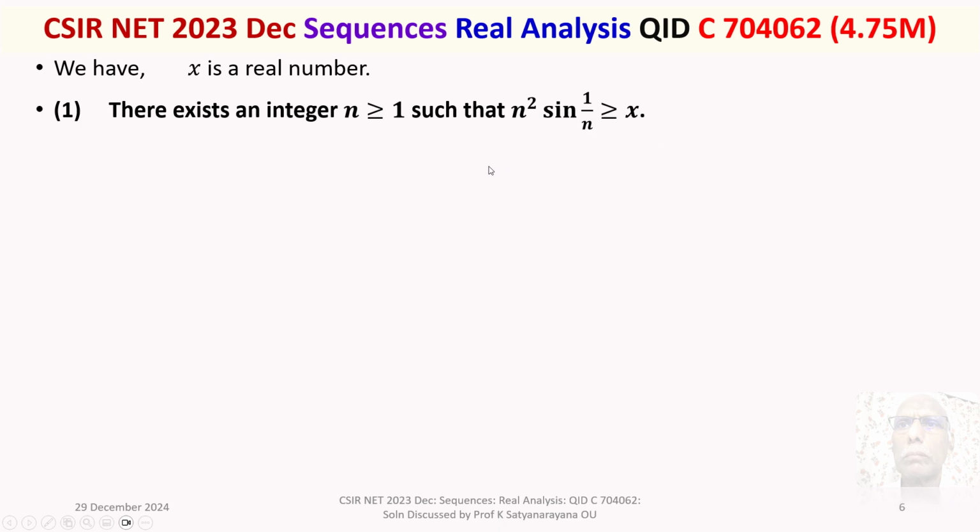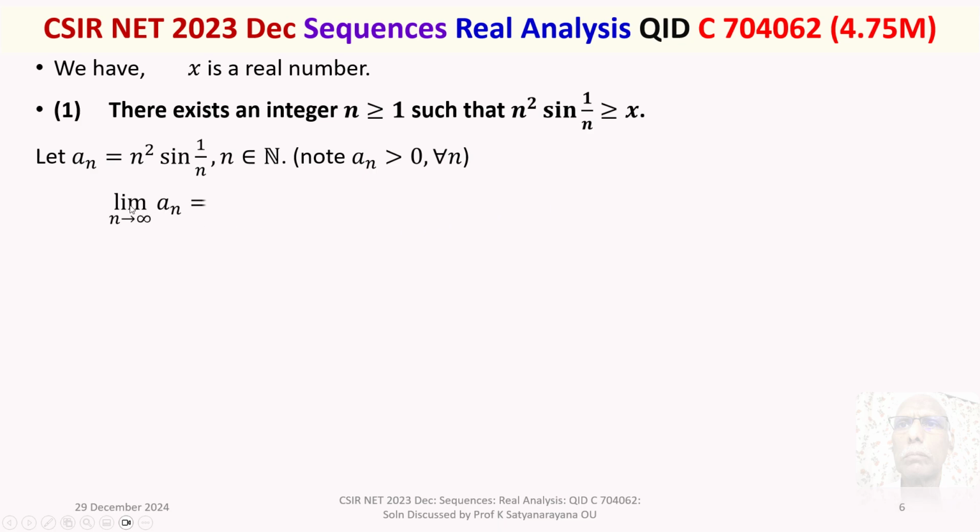So consider the sequence an where an is equal to n square sine 1 by n, n belongs to the set of natural numbers. Note down that every term an is positive for all n.